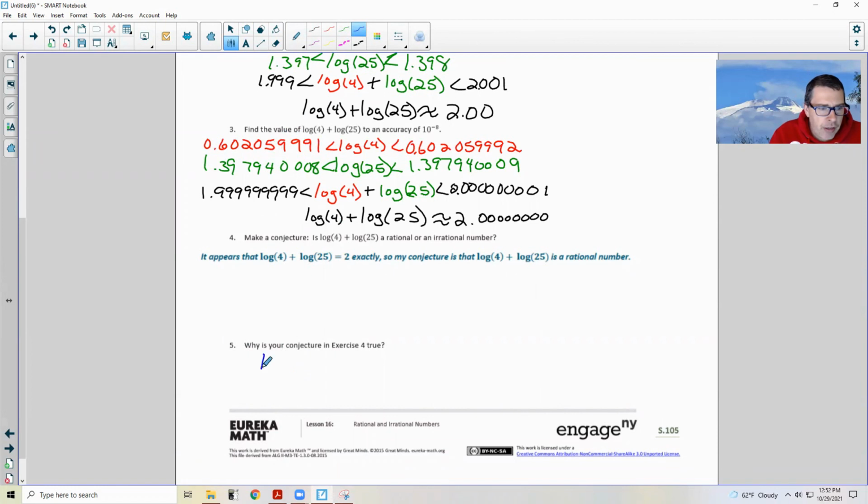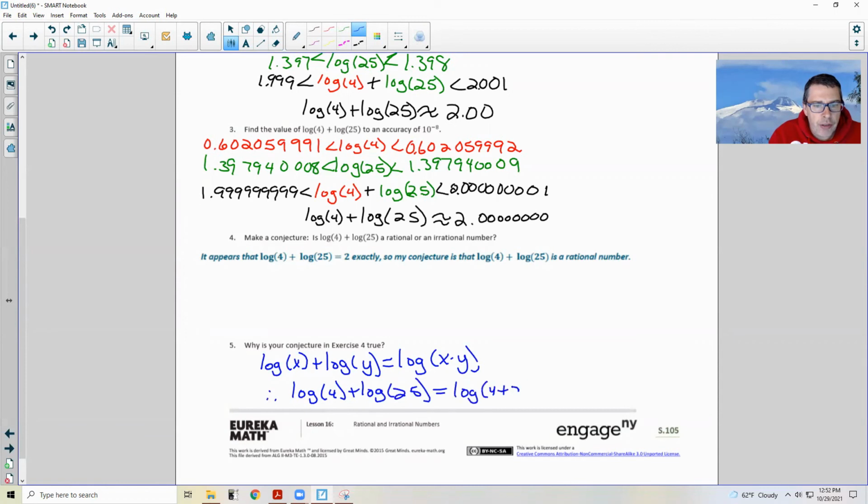And since the log of some number x plus the log of some number y equals the log of those two products, then in our situation, since this is true right here, we can then say, therefore, the log of 4 plus the log of 25 equals the log of 4 times 25, which equals the log of 100, not plus, times.